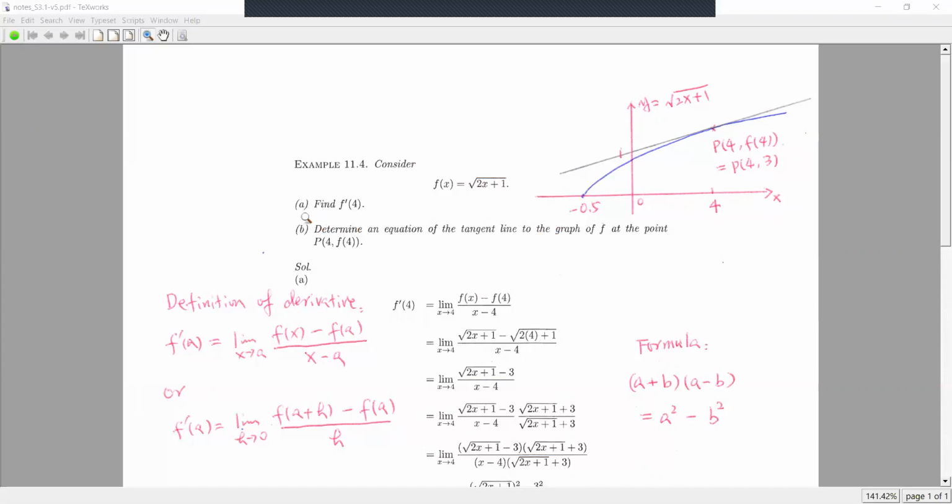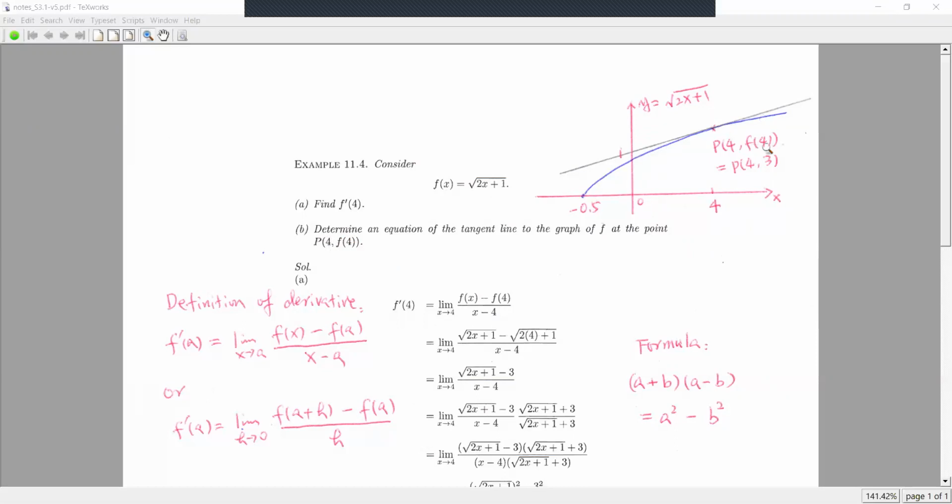Now, part A. Find the derivative of the function at 4. Part B. Determine an equation of the tangent line to the graph of the function at point P. Point P, x coordinate is 4. Because the y coordinate is the function value at 4, point P is on the graph of the function.